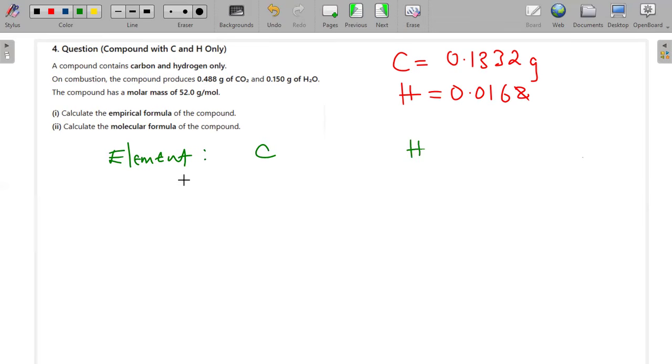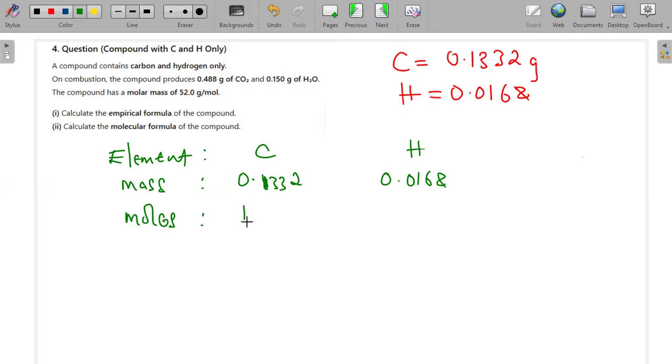And then here we put mass percent or the mass. For all those questions that we did, we had the mass percent, but in this case we have masses. So the mass here is 0.1332 and here the mass is 0.0168. From there I find the moles.